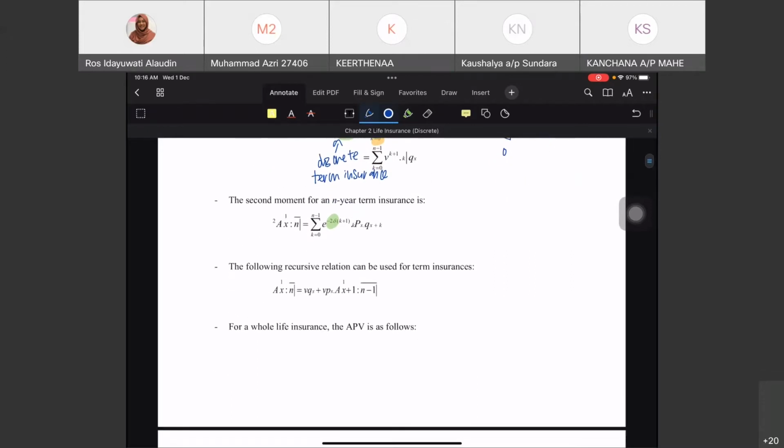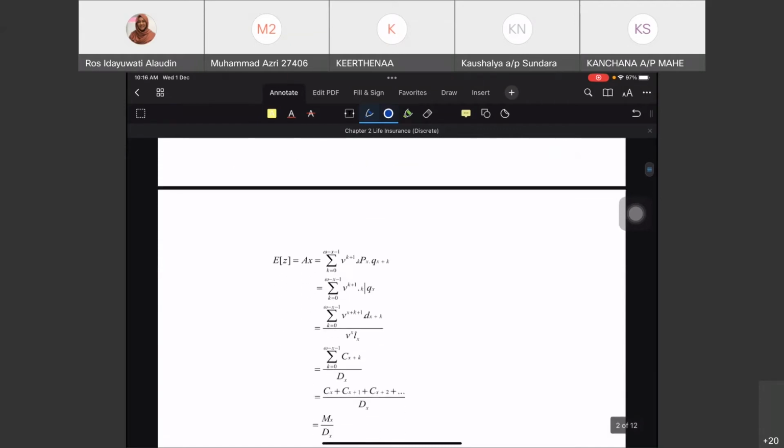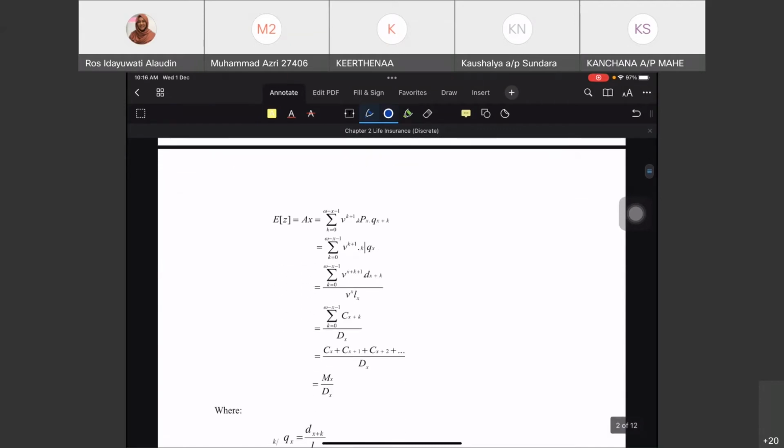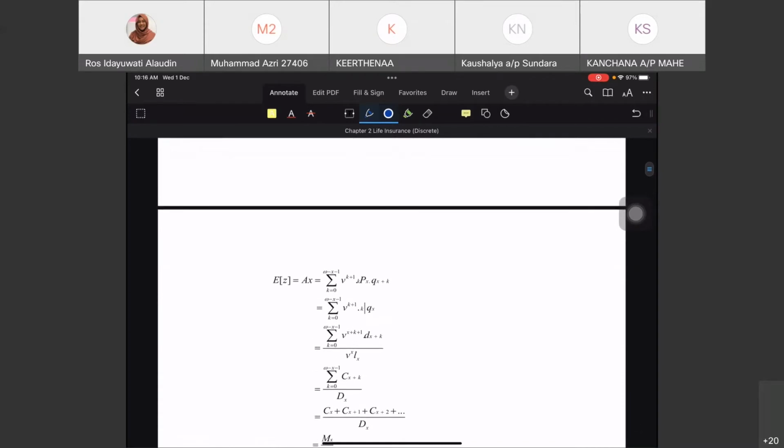This is the recursive relationship, so you just ignore this. And the second one is for the whole life insurance. For the whole life insurance, we calculate until infinity. So this is the formula for whole life insurance.